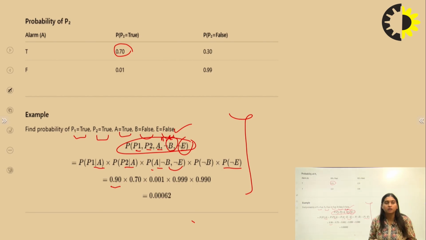In this manner, you have to do the calculation in such types of questions. Apply the concept of Bayesian network and prepare your CPT table. Data is given to you. Simply put in the values and your answer will be 0.0062.